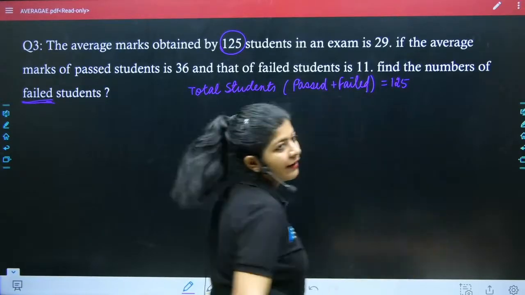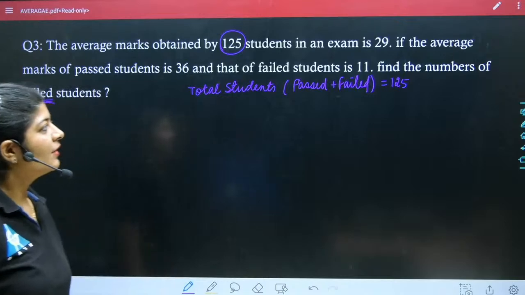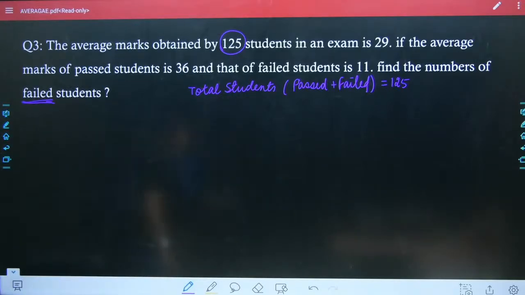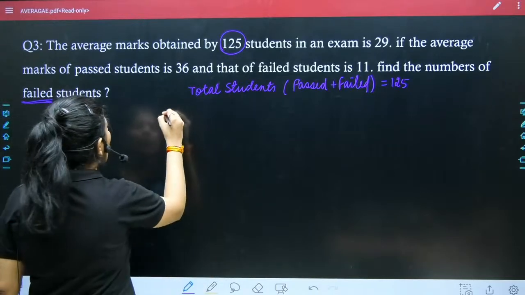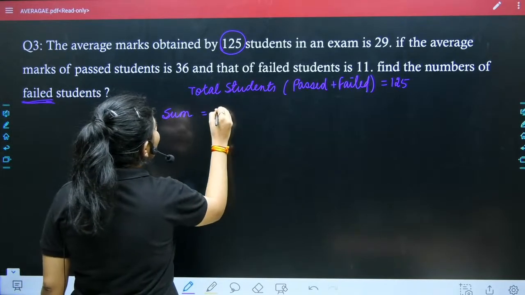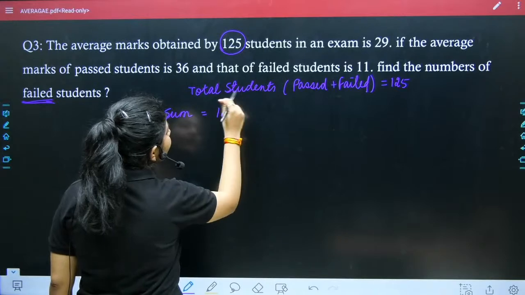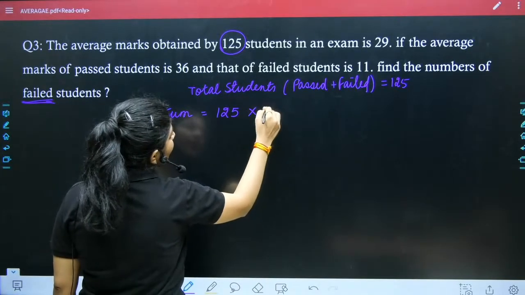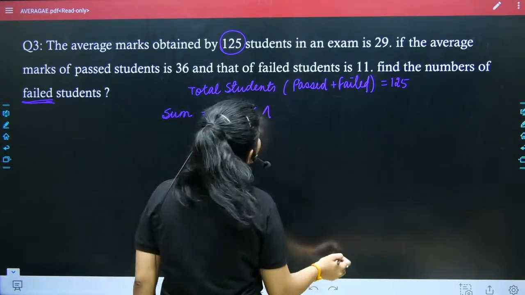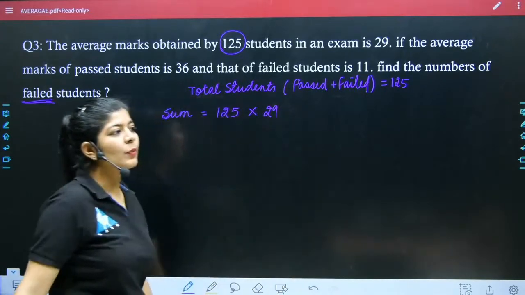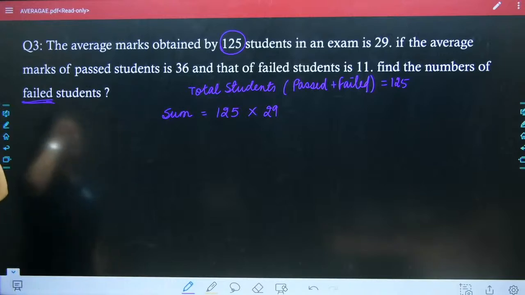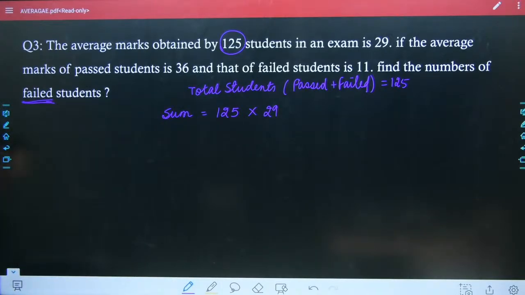Now we have to find out first the sum of all these students, and that is equal to 125 number of observations into the average, which is given as 29. So from this we simply calculated the sum of the total marks achieved by the students.